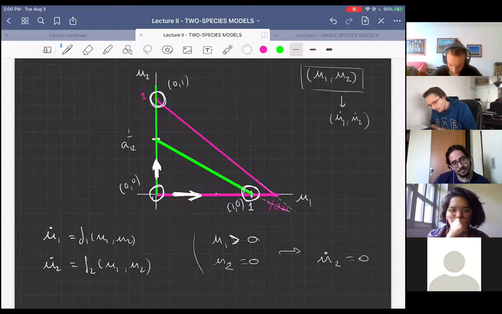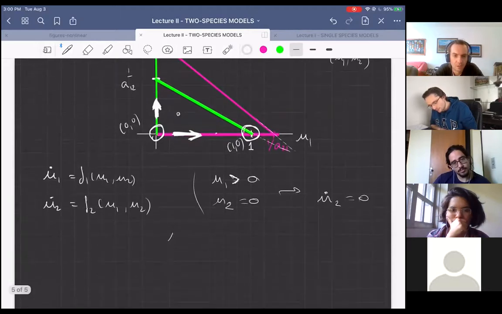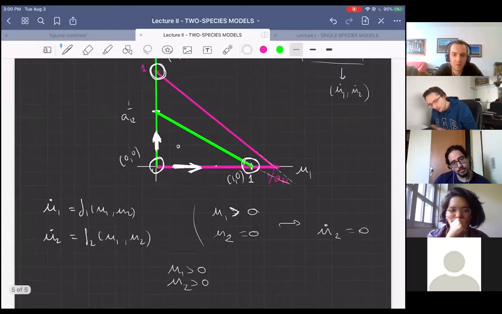If I come here and I take U1 positive and U2 positive, but always below, still below this nullcline, what's the direction of movement?